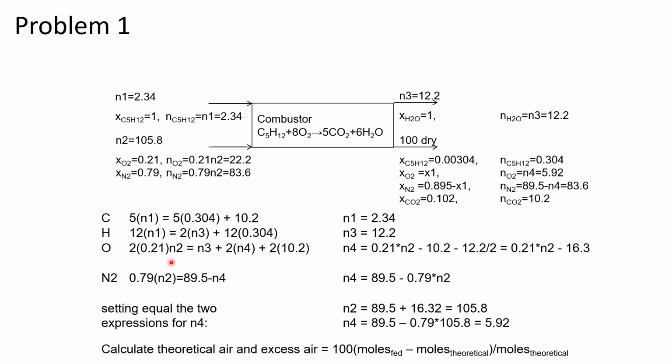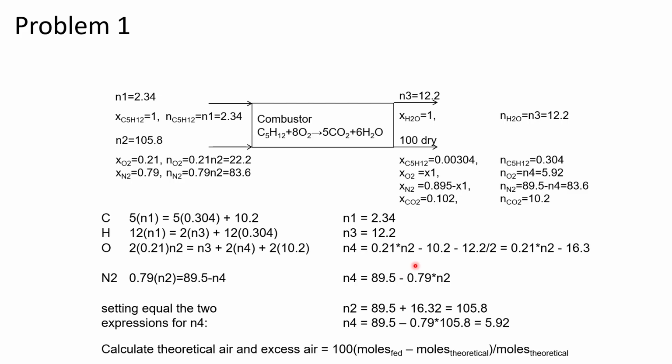Look at this equation here. We know N3, and we don't know N4, which is what we're going to solve for. Unfortunately, we don't know N2. So all we can do is simply plug in for N2 over here.